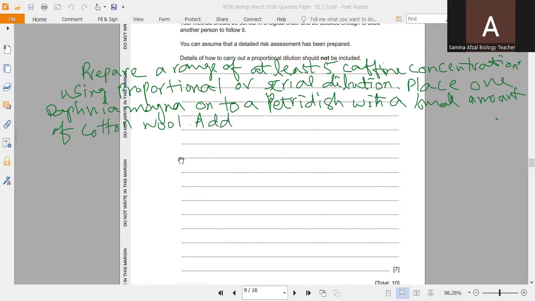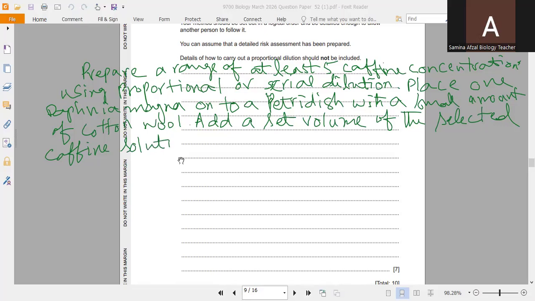Add a set volume of the selected caffeine solution using a pipette.